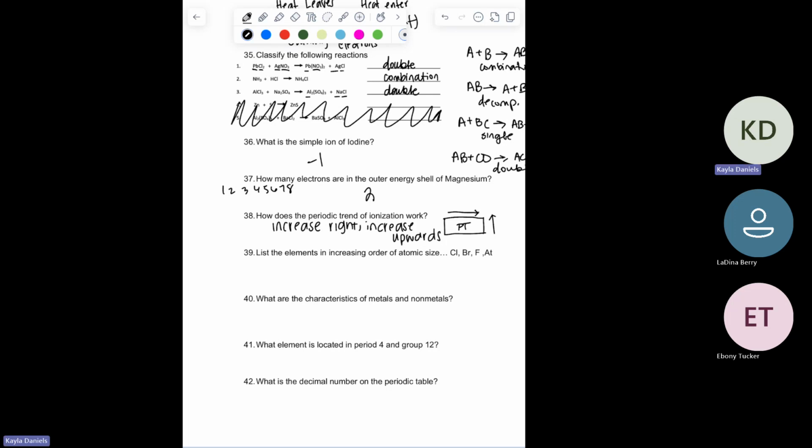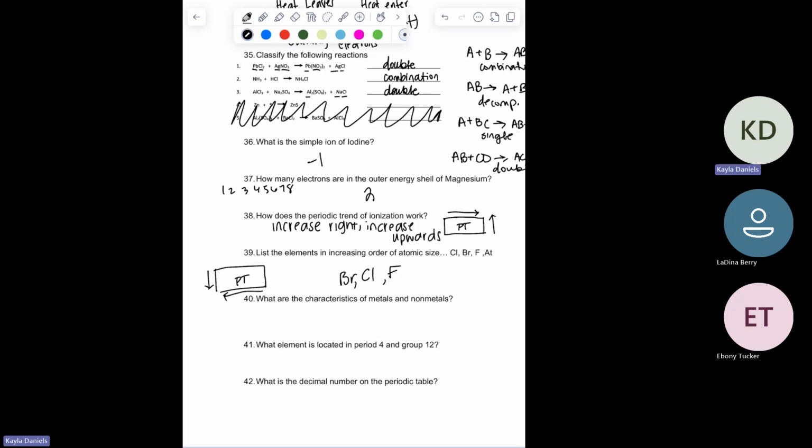Atomic size, this is the one where you have to list the elements in order. Atomic size is the opposite trend. So on the periodic table, atomic size decreases as you go up and to the right. So I believe fluorine is the biggest, and then chlorine, and then bromine.